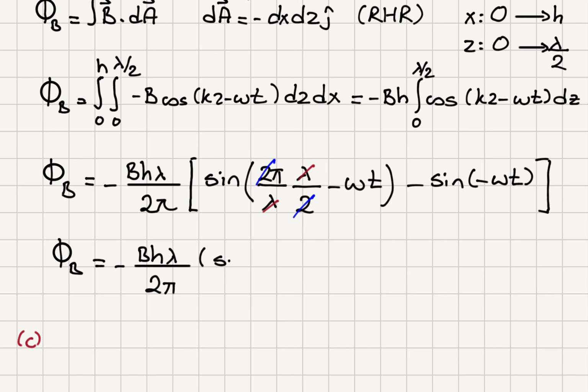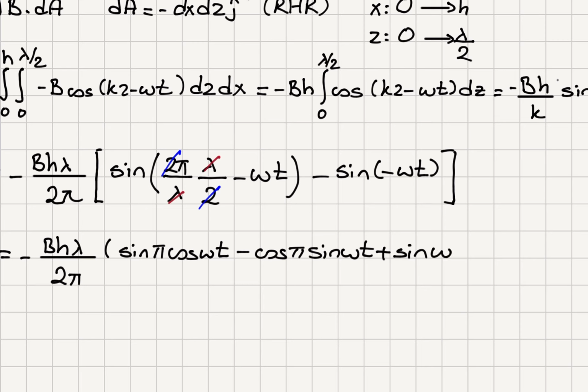So that is sine pi cosine omega t minus cosine pi sine omega t. And sine of minus omega t is minus sine of omega t, so this becomes plus sine of omega t. Here sine pi is equal to 0, so this term will be 0. So I will be left with cosine pi is minus 1, so that's going to be minus sine omega t with the minus sign, plus sine omega t, plus sine omega t, 2 sine omega t.